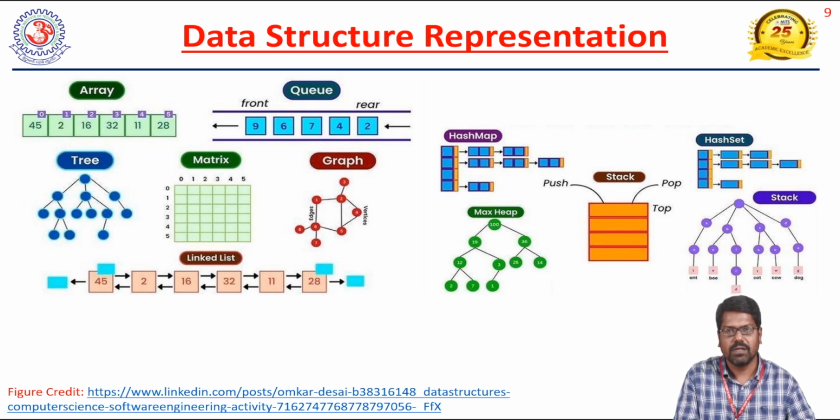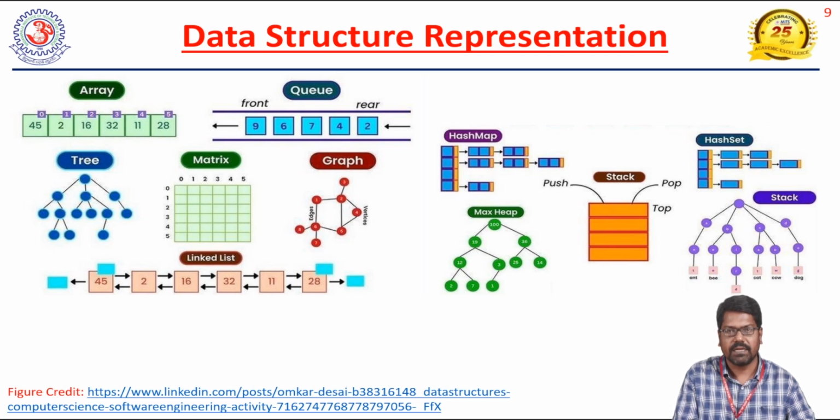Generally, if you refer to different textbooks, they follow different initial values for top. In some textbooks they use top equal to 0, and in some textbooks they mention top equal to -1. Both of these are correct. At the time of writing the program, based on the initial value of top, whatever value we initialize, we have to change our programming instructions for insertion and deletion operations.